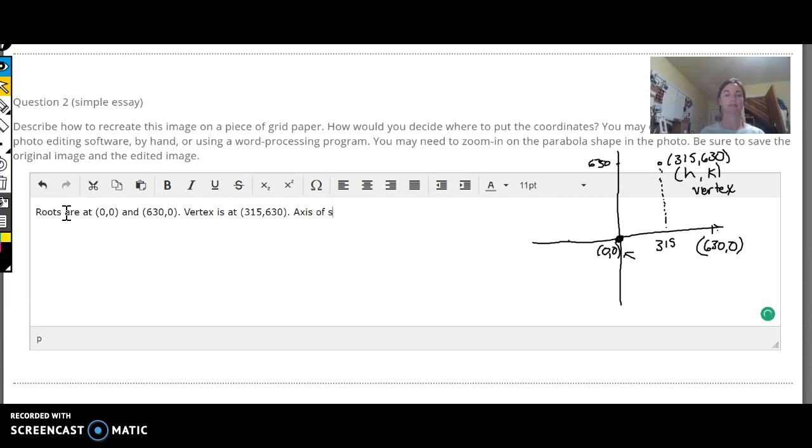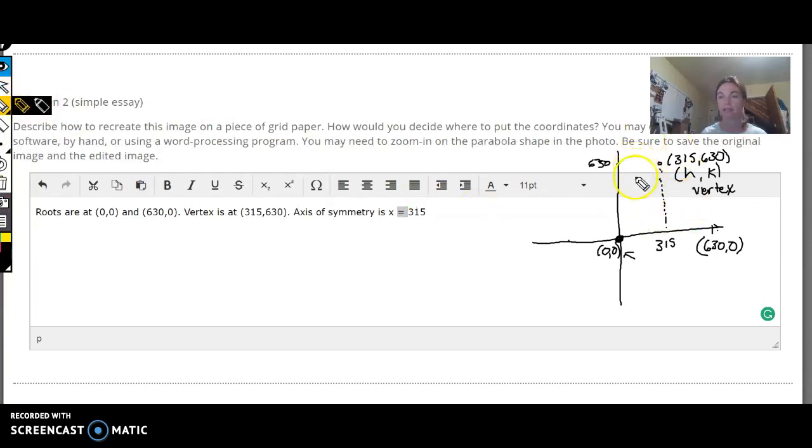Axis of symmetry is always the x value of your vertex. So x equals 315, and that would be this line that I drew up the middle here.